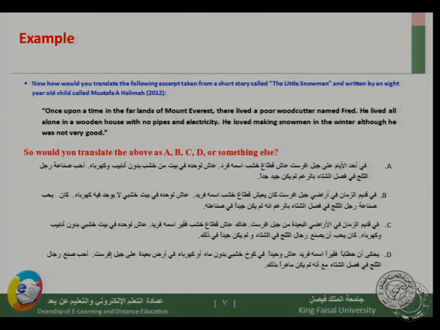So when you have this concept in your mind when you are translating a short story, then you should be all right. Okay?